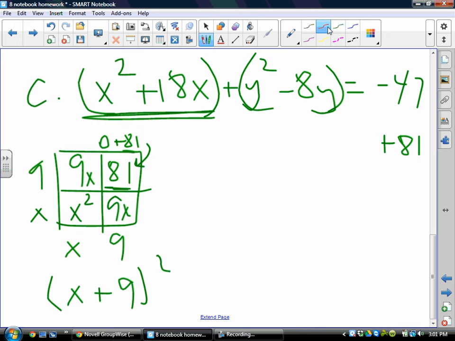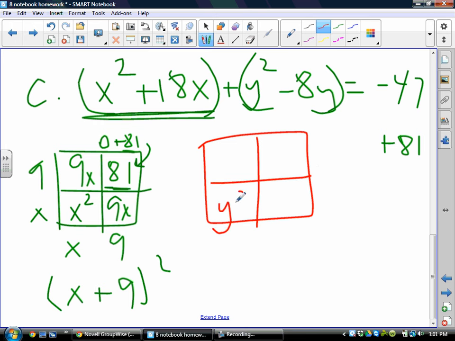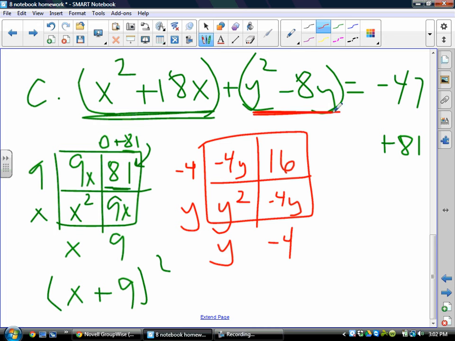Now we're going to complete the square again with the y's. I have y squared here. I split up the minus 8y into 2 equal parts, minus 4y, minus 4y, and the outsides. When I multiply negative 4 times negative 4, I get 16. Again, I have 0 constant terms up here, I need to get to 16, so I add 16.